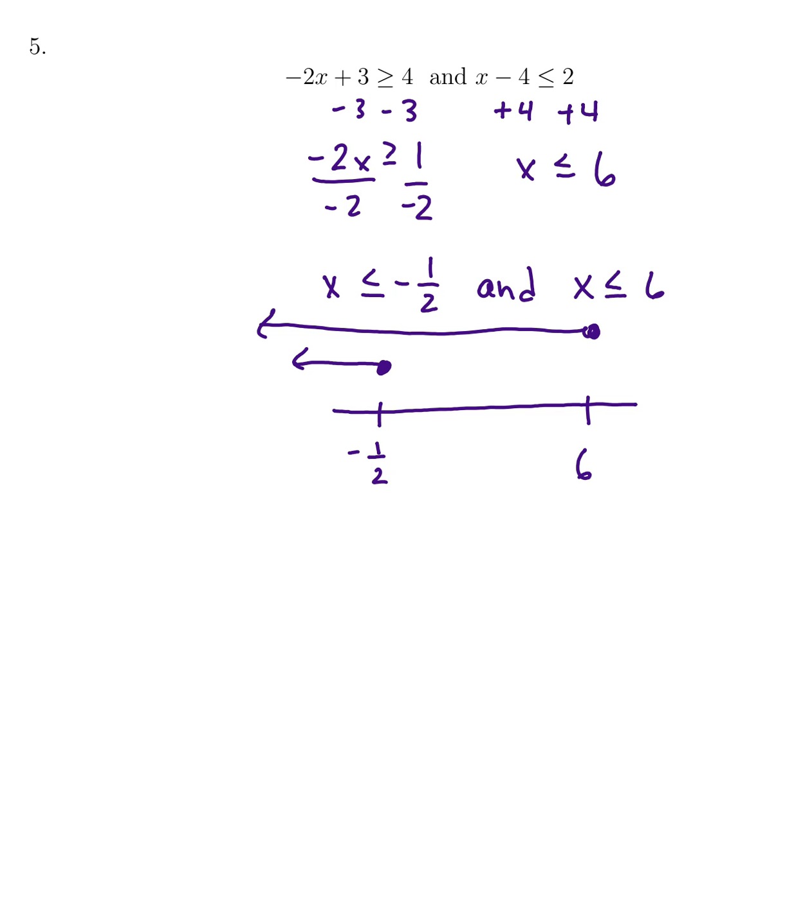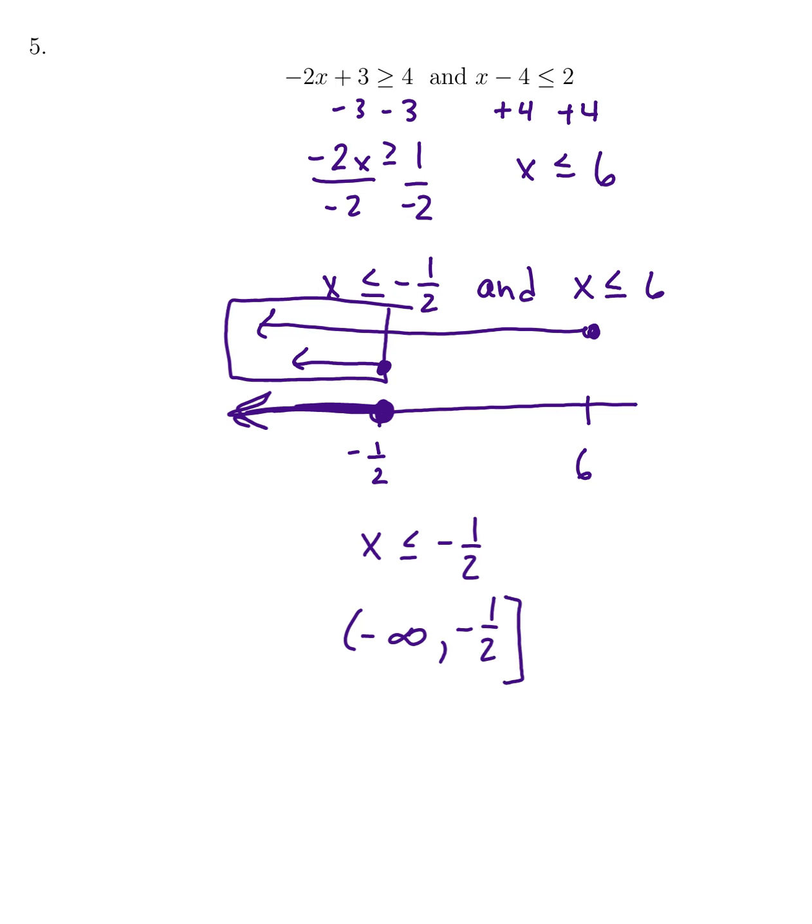If we look at less than 6, the region between -1/2 and 6 would only satisfy x is less than or equal to 6 and not x is less than or equal to -1/2. They overlap in this region. So our solutions to this inequality would be all numbers less than or equal to -1/2. In interval notation, that looks like this: negative infinity to -1/2. Remember a bracket around the -1/2 since it's equal to.